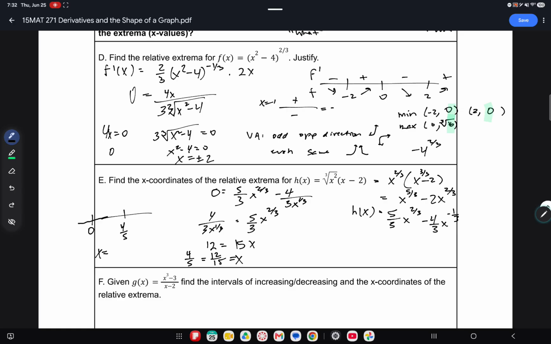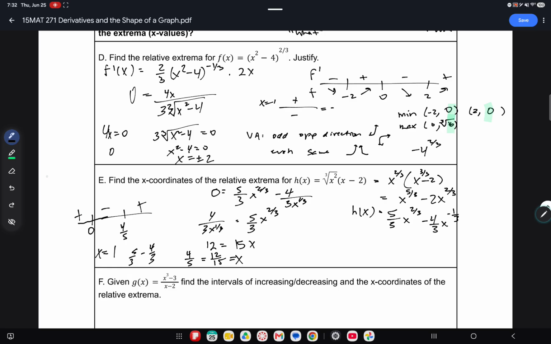All right, so how about using 1? I'll go to the derivative here. So we've got 5 thirds and then minus 4 thirds, right? Which will be 1/3, so that's positive, which means we'll switch.